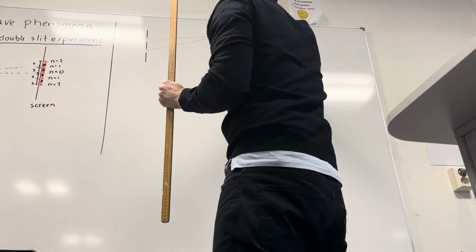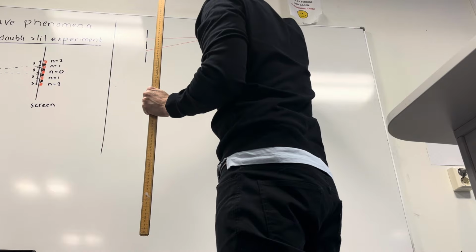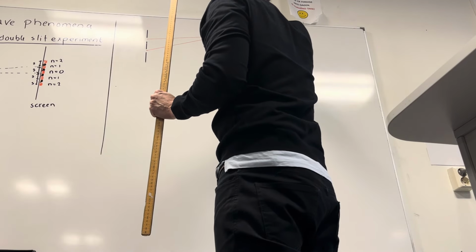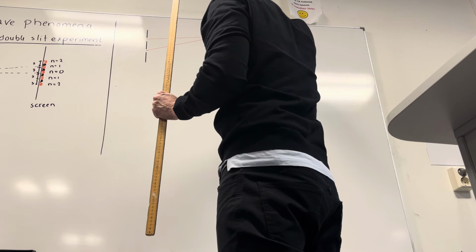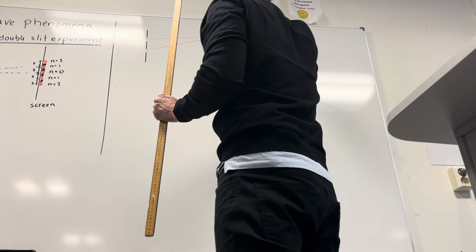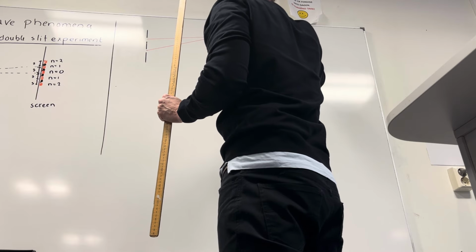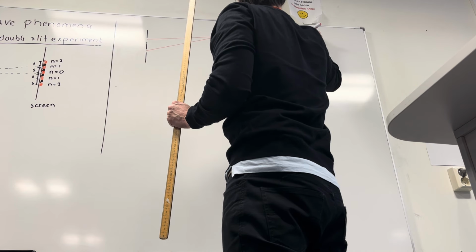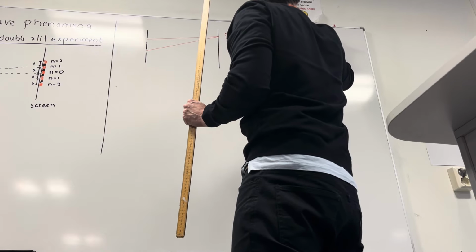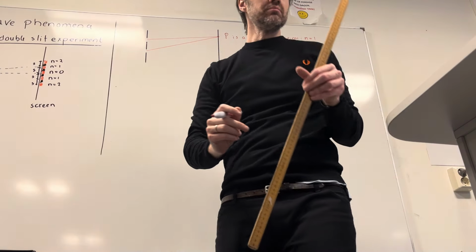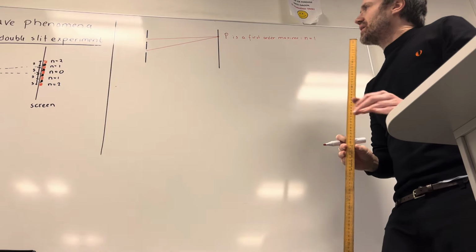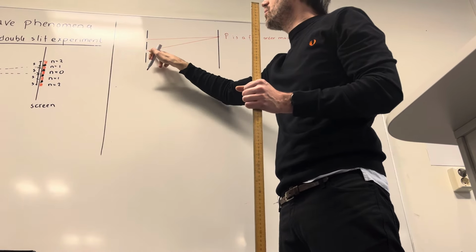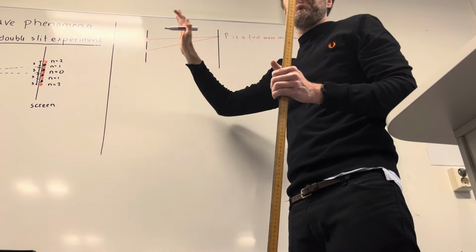So I call this point P. And P is a first order maxima, meaning n is equal to 1. Okay, so I have one wave coming out of this slit, one wave coming out of this slit.